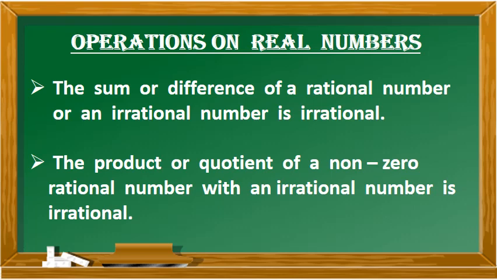Now we are going to learn operations on real numbers. Real numbers are of course rational and irrational both. Note down the first point. The sum or difference of a rational number and an irrational number is irrational.